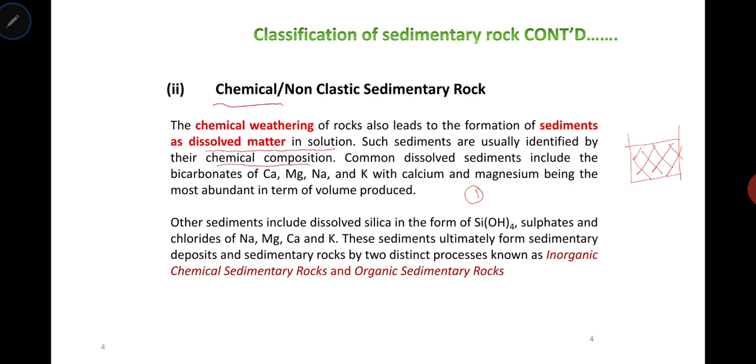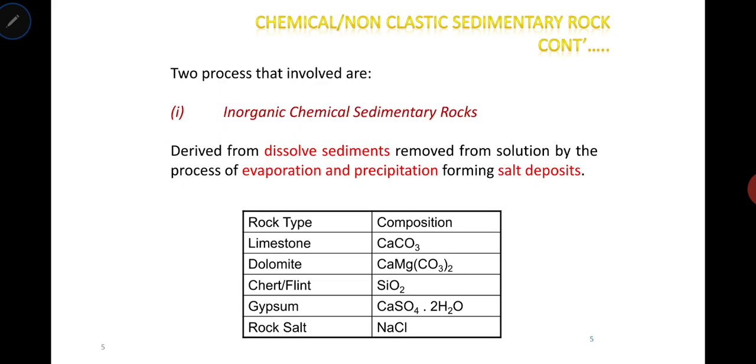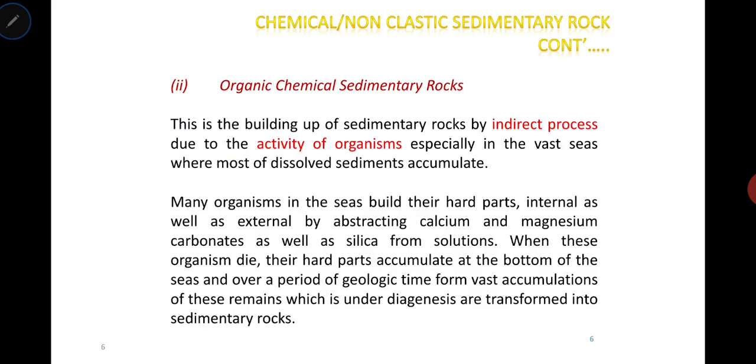So whatever goes through chemical process, we also know as inorganic sedimentary rock.